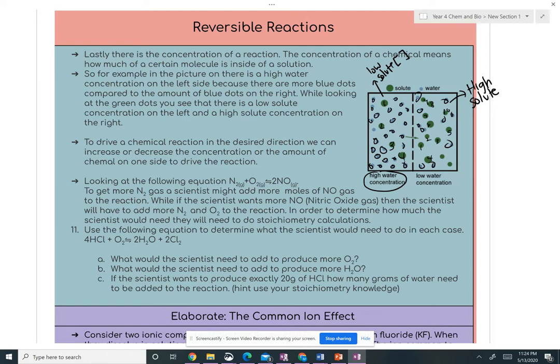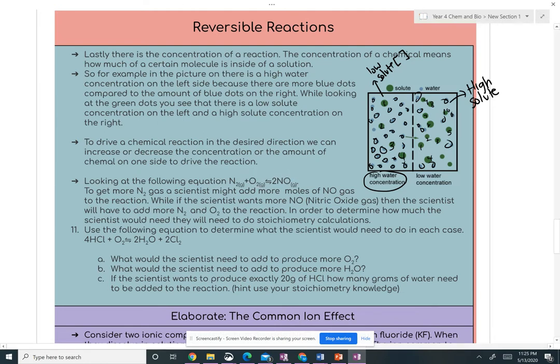So if I put in more of this, I'm going to ultimately get more NO. Same thing on here. If I put more NO into my reaction, then I can drive the equation this way so that it breaks down to N2 and O2. So I can basically change how much I have on each side so that the reaction keeps on going.